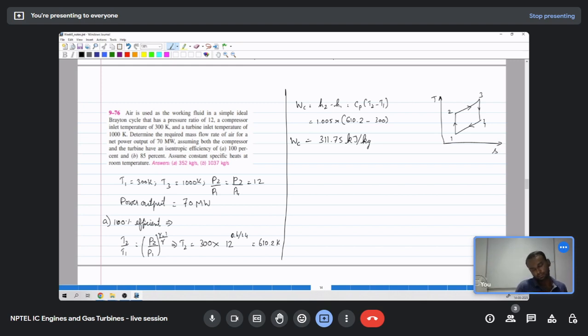So this is the compressor work, and similarly turbine work can be found out by finding the temperature at the outlet of the turbine, that is T3 by T4 is equal to the pressure ratio power gamma minus 1 by gamma, which implies T4 is equal to T3 divided by that ratio.